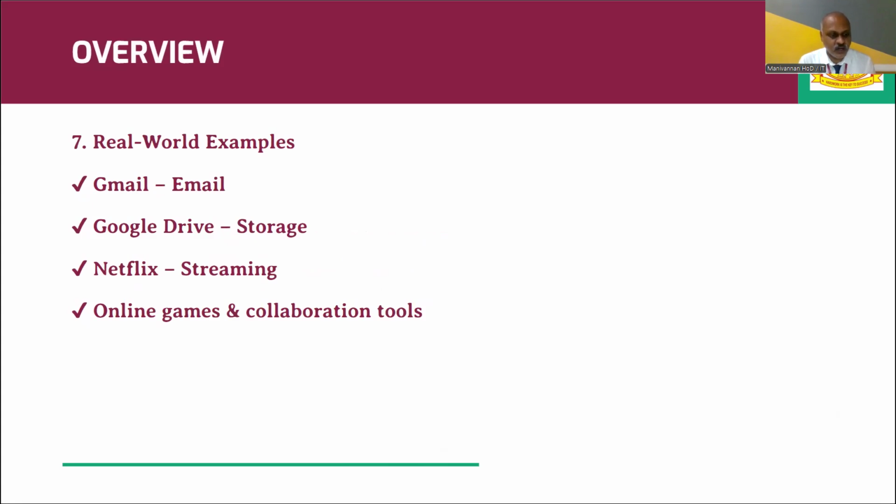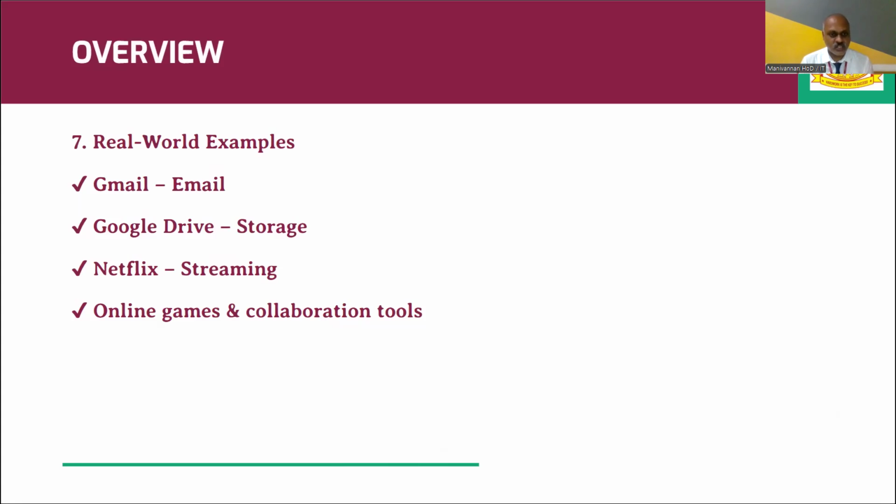These are all the real world examples. Students, for email purposes, you all have a Gmail account, right? Through the account, you may access up to 15 GB. More than that, you can go for a Google One account. Subscription based, you may purchase some storage space.